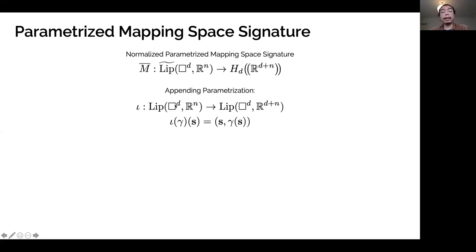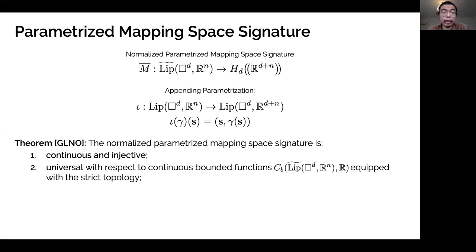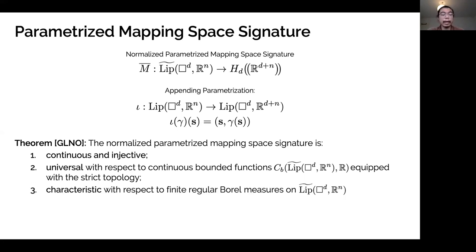If we append this additional information, take the signature and then normalize it, then we find that it also has similar properties to the path signature. Specifically, it's continuous and injective. It is universal with respect to continuous bounded functions on these mapping spaces. And it's also characteristic. So the expected mapping space signature is going to be injective with respect to finite regular Borel measures on these mapping spaces.